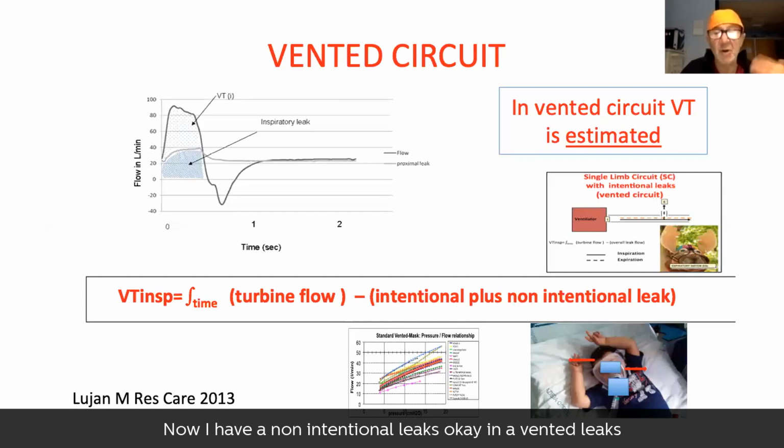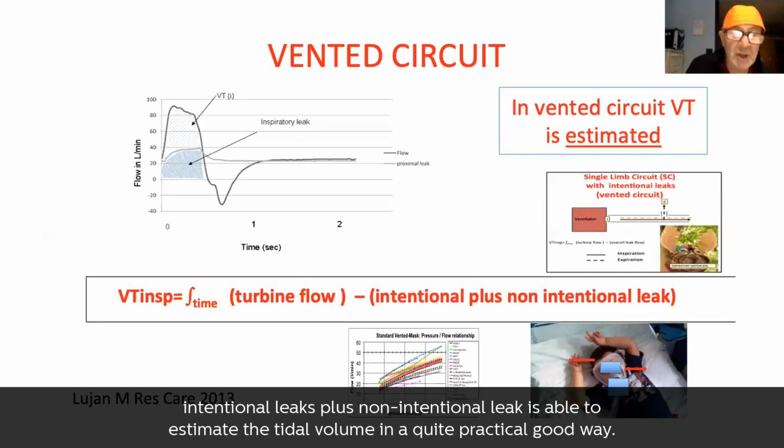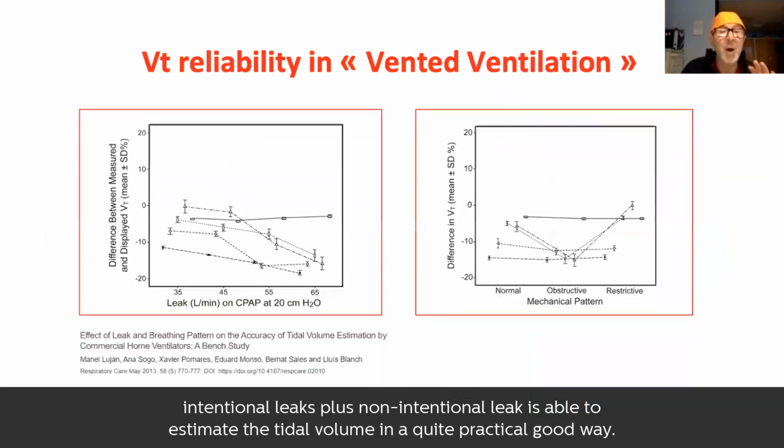Now I have a non-intentional leak, so the ventilator is able to make a sum of intentional leak plus unintentional leak, and subtracting the intentional plus non-intentional leak, it is able to estimate tidal volume in a pretty good way.